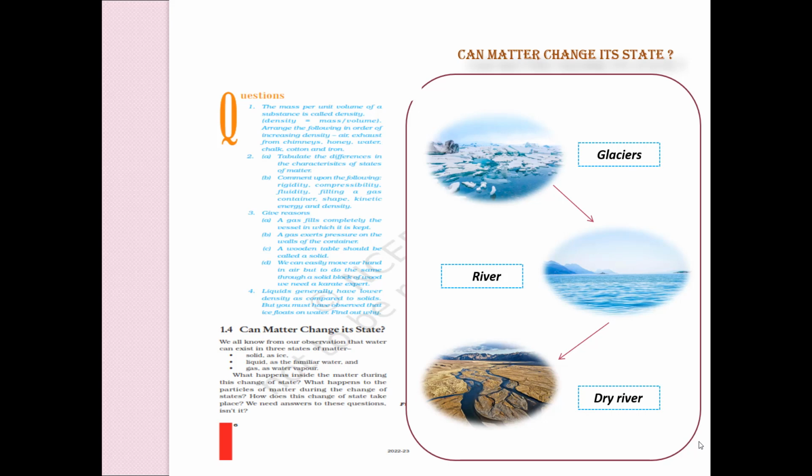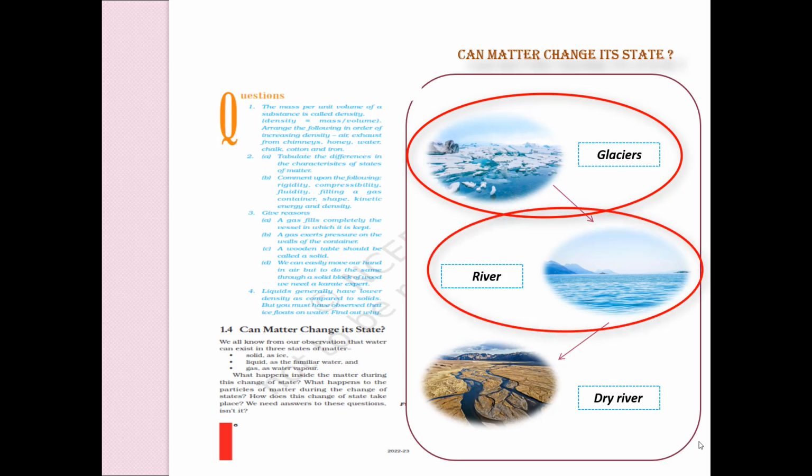Now let's take a real life example. We have studied about glaciers and we know that many of the rivers of our country do originate from these glaciers. Now if you think of these two, that is glaciers and rivers, glaciers are actually the rivers of ice which gradually melts to form the liquid water.